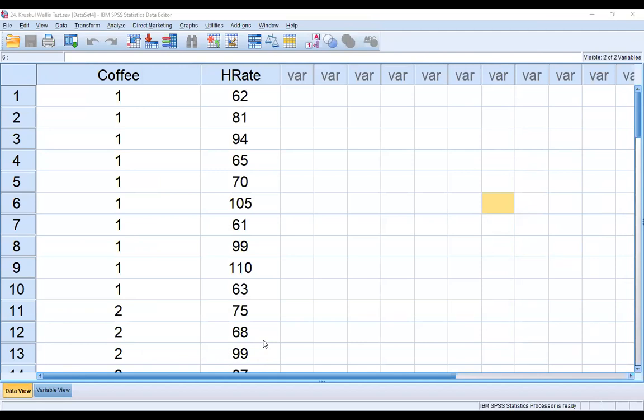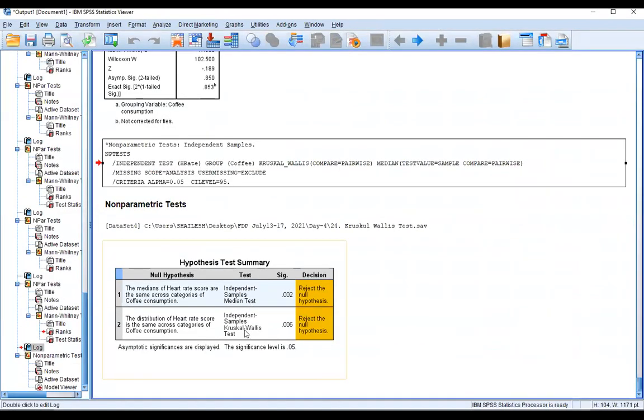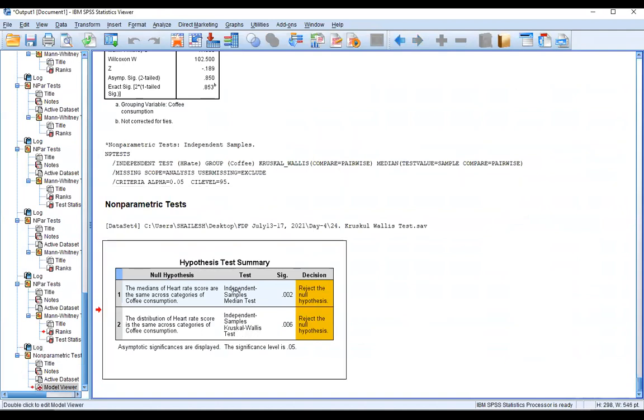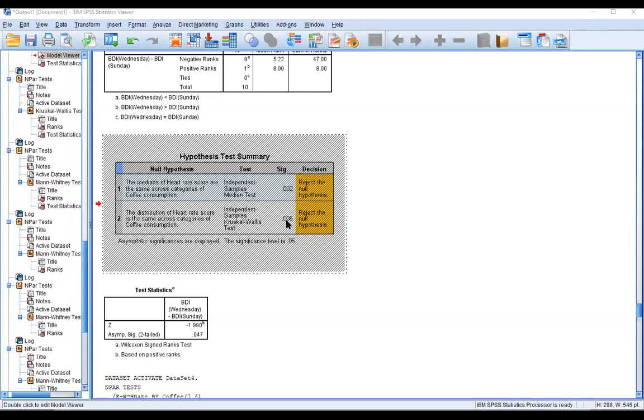After the run, I am showing you the result. Now you can see this. Here you can see the independent samples Kruskal-Wallis test. When I double click it, it will open. Now you can see the table.